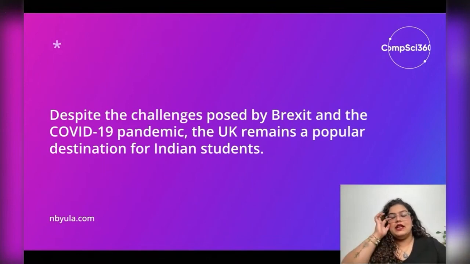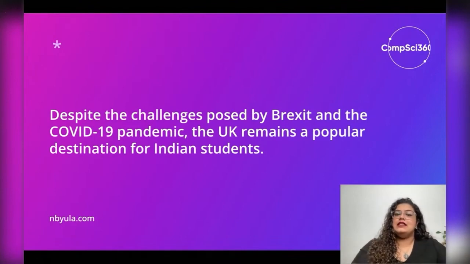If you think about why the UK is still up there in the list when it comes to attracting students, retaining students in the country, and giving them opportunities, it is because they understand the trends. They understand students from a student perspective. They are not looking at it from a recruitment perspective. They know there are students who want jobs and they are ready to provide them with jobs.